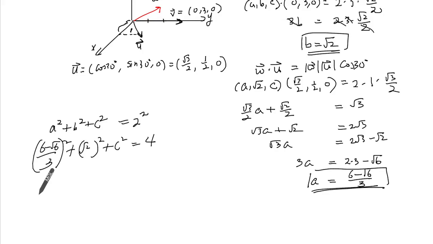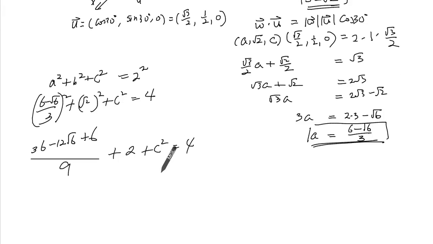So we get 36 minus 12 root 6 plus 6, all over 9, plus this is going to be 2. So c squared, if you combine these two, you get 2 on the right side. And let's reduce the top and bottom by 3.